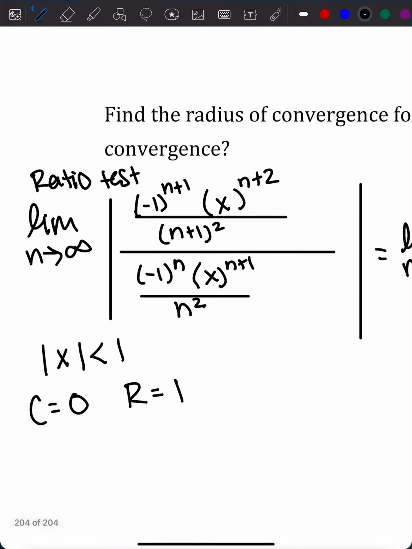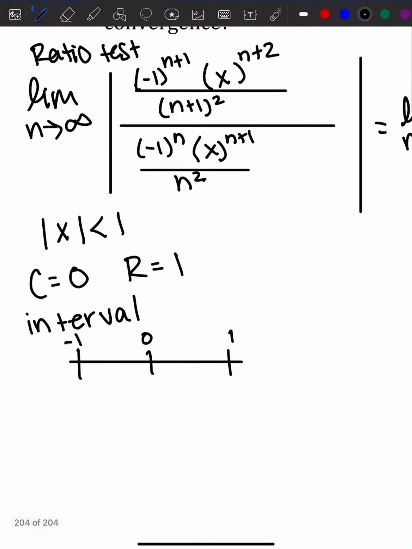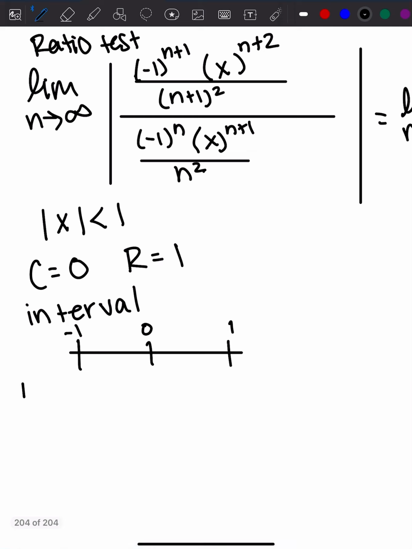So our interval right now looks like one in each direction. Add 1 to 0 is 1, subtract 1 from 0 is negative 1. What we don't know is what's going on at x equals negative 1 and x equals 1. So now we need to test our endpoints.